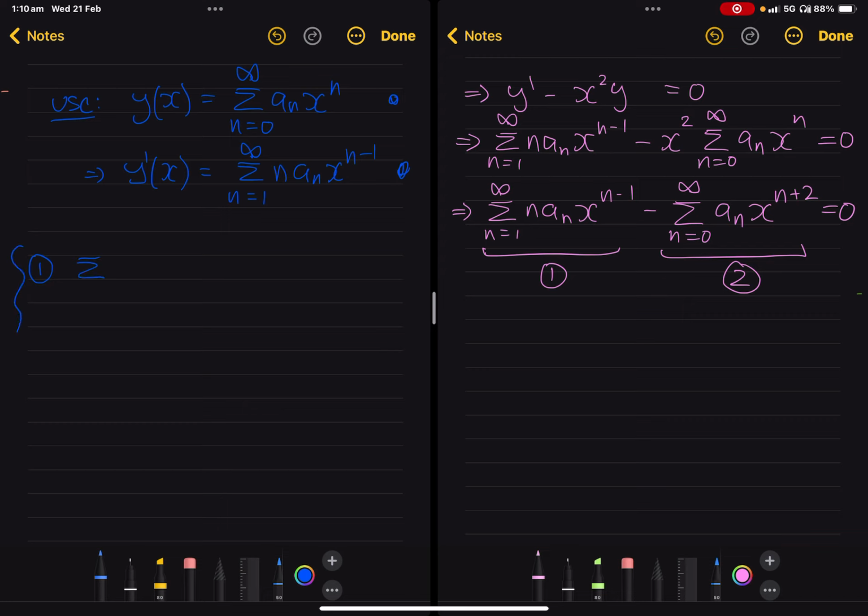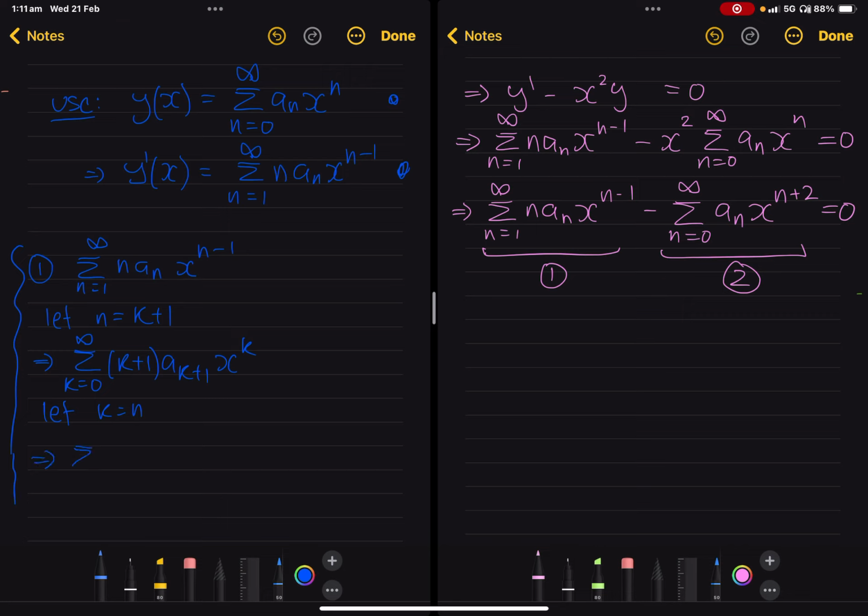So we have the sum from n equals 1 or 0, it doesn't actually matter, we'll just call it n equals 1, up to infinity of n times a n x to the n minus 1, and we are going to let n equal k plus 1. So when we replace the n in the power, it becomes k plus 1 minus 1 is k. So this gives us the sum from k plus 1 equals 1, well that implies k equals 0 up to infinity, of k plus 1 times a subscript k plus 1 times x to the k, and then we are going to let k equal n.